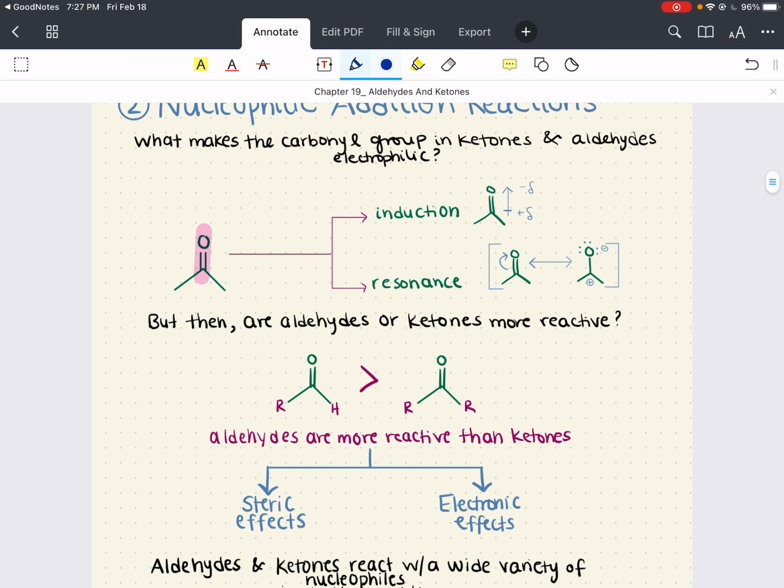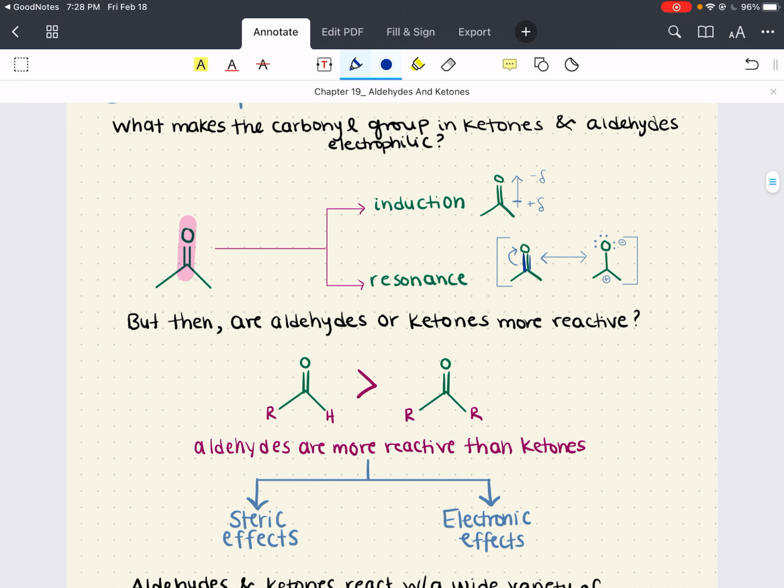Now, if we look at the resonance structure of this carbonyl group in an aldehyde or a ketone, what you notice is you have this pattern that we saw when we learned about resonance. You have a carbon atom attached to a more electronegative atom, pi bonded to each other. What happens here is this pi bond can actually dump the electrons to the more electronegative atom, which in our case for a carbonyl group is obviously the oxygen.